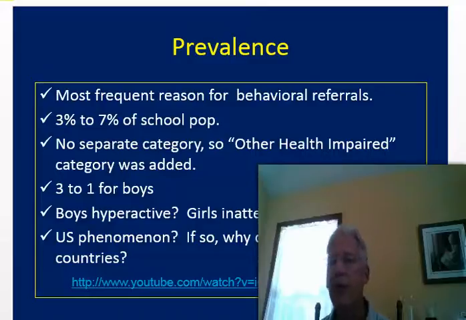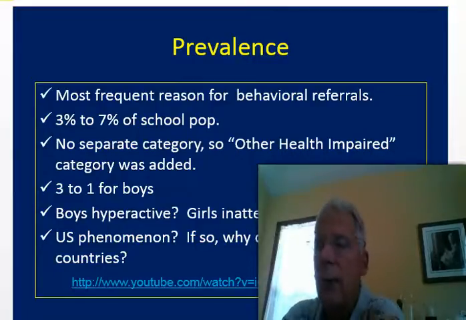It's a very difficult disability to get an exact percent for in a school, so it's better to communicate the prevalence in terms of a range. There's no separate category for ADHD. So when you look at the federal definition of disabilities, ADHD is listed as other health impaired.